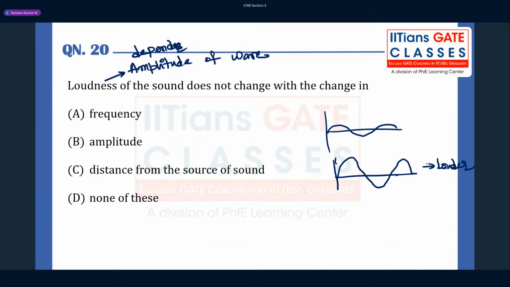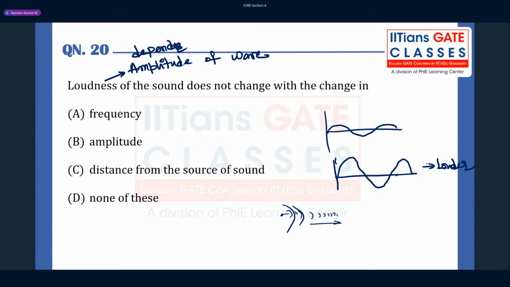So obviously loudness will change with distance from the source of sound. Okay, if you are shouting here, as you keep on going, the intensity of sound will be reduced, or sometimes it will get dissipated as the distance keeps on increasing.